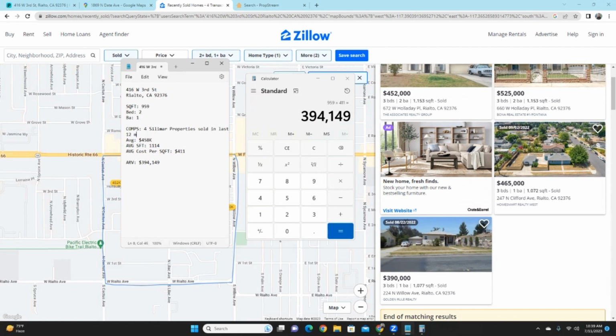That's how we got these numbers here, which gave us our average sale price, our average square foot, and our average cost per square foot. With that, that's how we determined 394,149. So this value equals 100%.